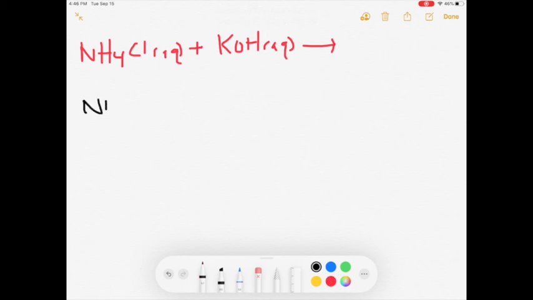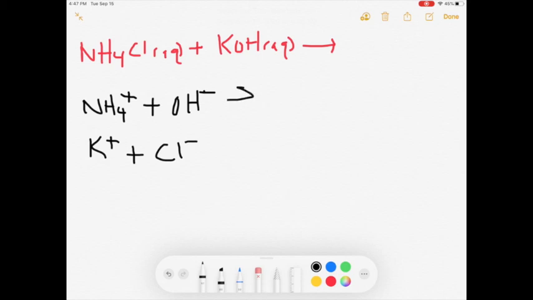We have NH4 plus 1, and potassium is a plus 1. Switch our cations. So hydroxide is going to come here. It's a negative 1. And chlorine down here is a negative 1. So we're going to get NH4OH. So there's our intermediate product we were talking about, NH4OH.